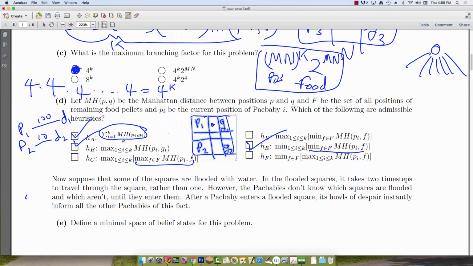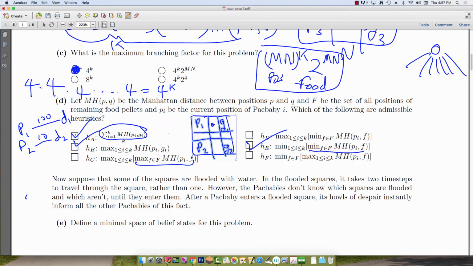That distance is a lower bound, because some Pac-Man has to get it, and the closest one is a lower bound. It's not the case that the closest Pac-Man necessarily has to get that piece of food, but it is at least that distance. So this is admissible because some Pac-Man has to get that food.